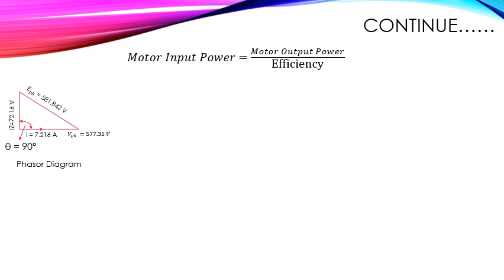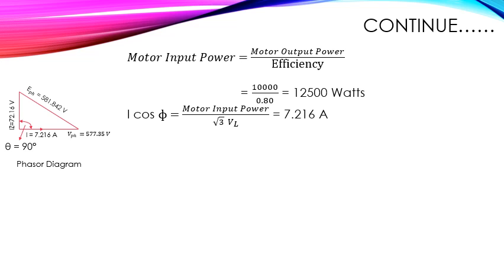Motor input power is the ratio of motor output power to the efficiency. So put the value of output power and efficiency, then we will get the motor input power. Similarly, to find the in-phase or active component of the current, take out I cos phi from the equation root 3 VL IL cos phi and put the value of motor input power, that is 12,500 watts, divided by root 3 VL.